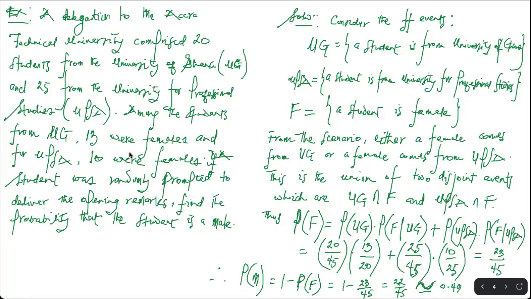So for example, instead of saying that there are 13 females from UG, it's the same as saying that there are 7 males from UG. And instead of saying that there are 10 females from UPSA, it will be the same as saying that there are 15 males from UPSA.